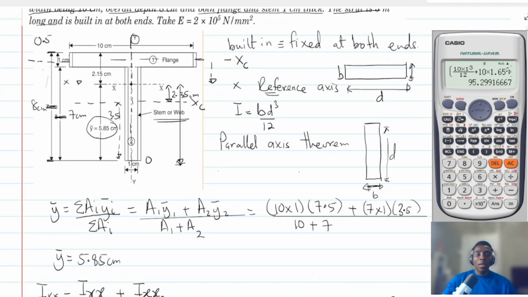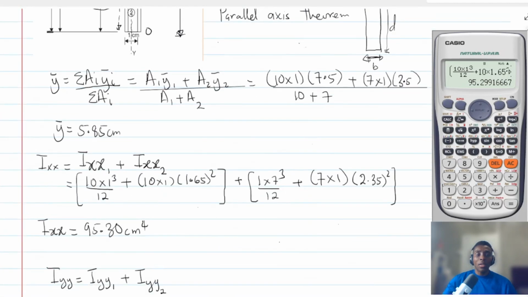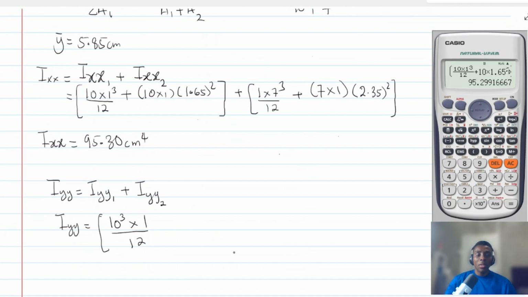For the other one, for the first one it was 1 times 7 cube, but this time around it will be 1 cube times 7 divided by 12.